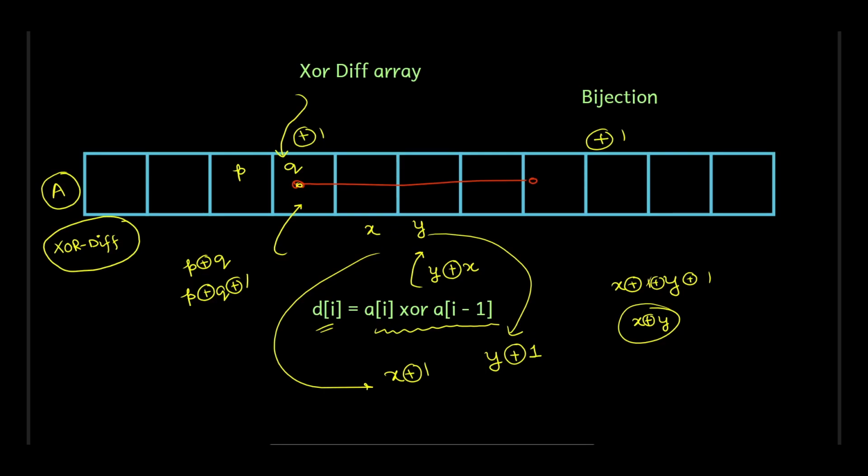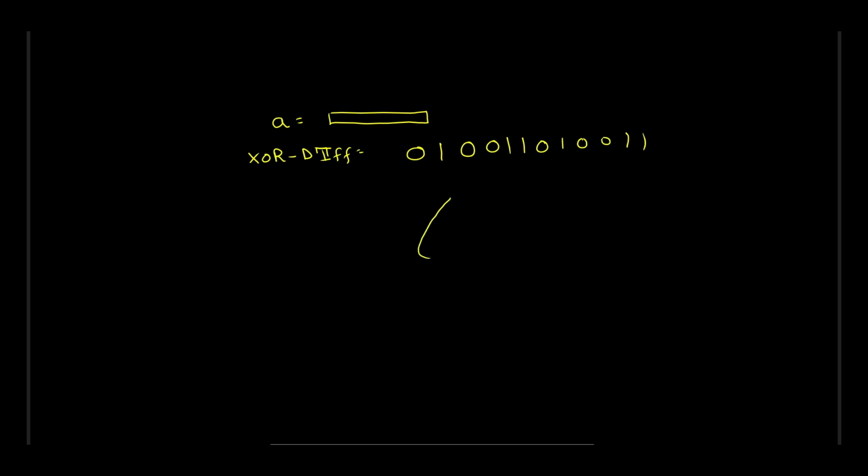In the XOR diff version, you were given an A that contained a long binary string, and let's say you have computed the XOR diff array, and this contains the binary string 0 1 0 0 1 1 0 1 0 0 1 1. Now what will be the minimum number of operations?